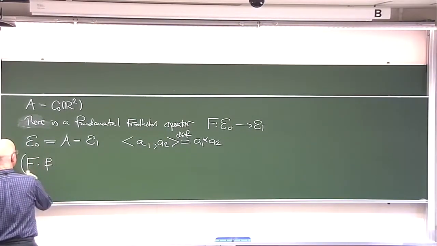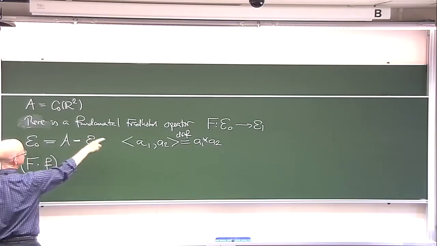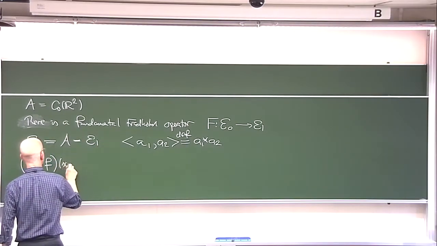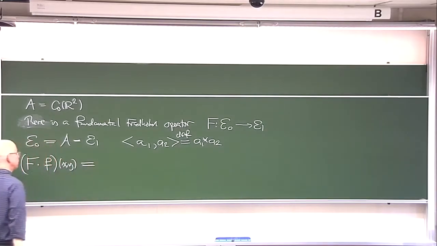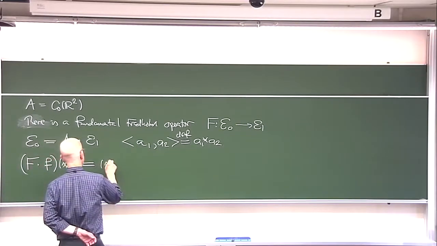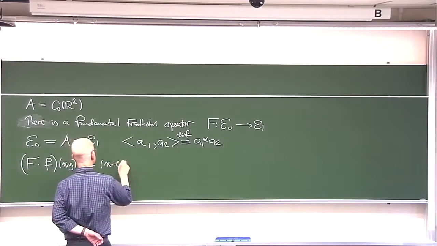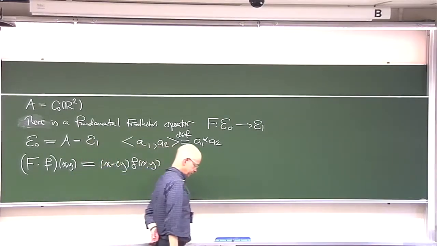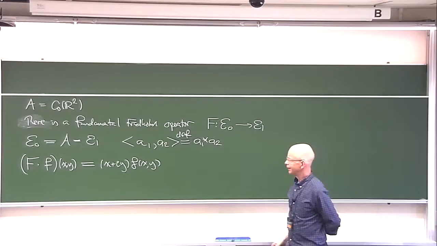Well, suppose I have a function in here. All I'm going to do is multiply this function by another function. That's really all you can do. And the function I'll multiply by is just x plus iy. That's the idea.